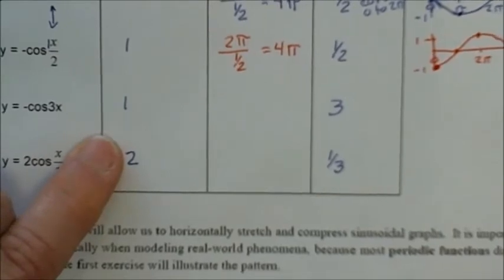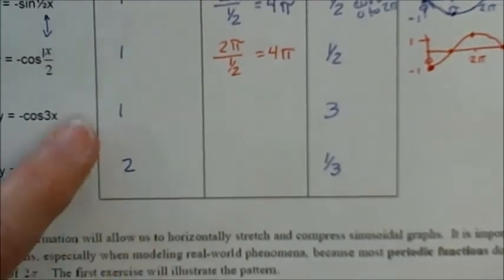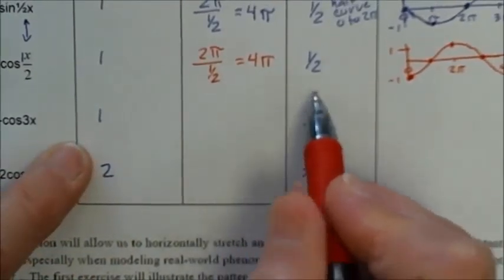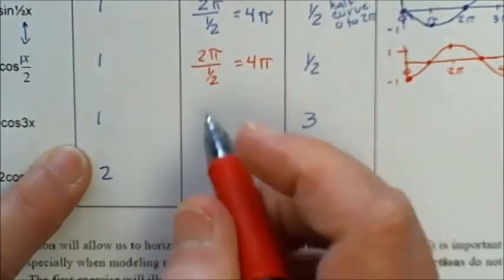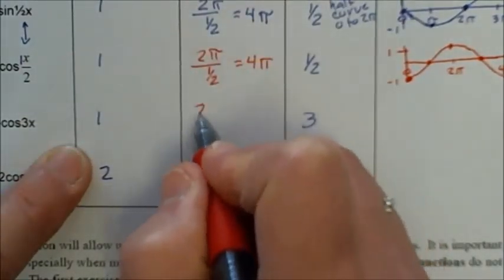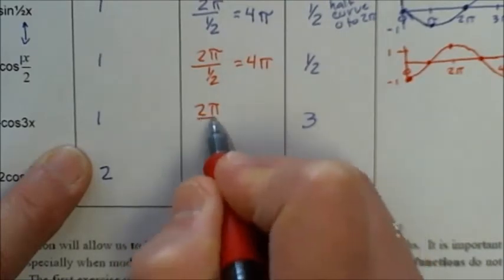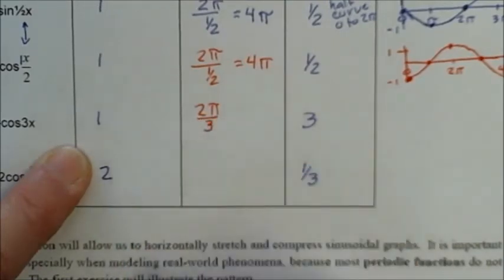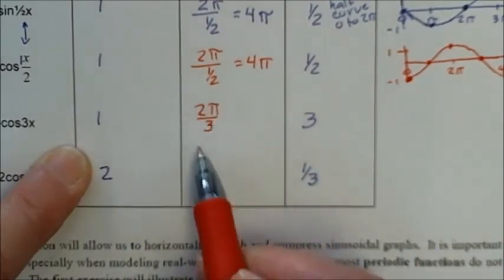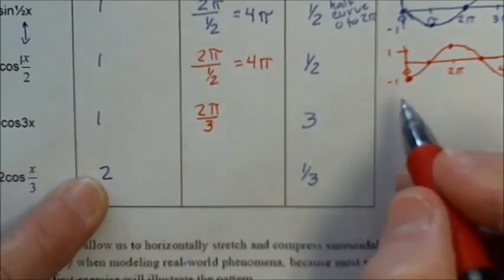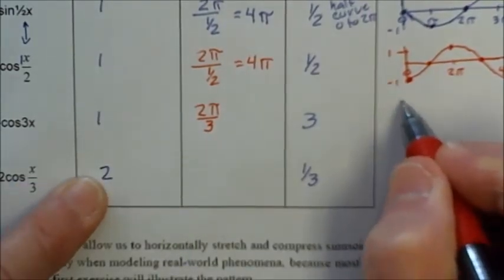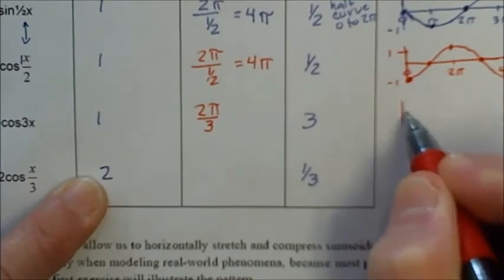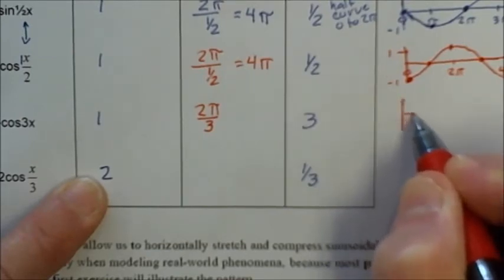Next, y equals negative cosine 3x. I'll use the b value of 3 to compute the period. It's 2 pi divided by 3, so 2 pi over 3. So I have to go out 2/3 pi. All right.